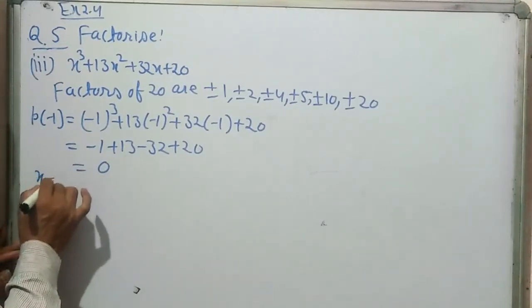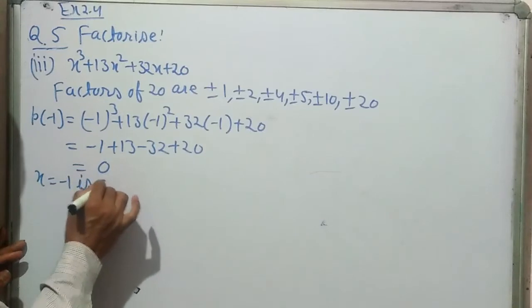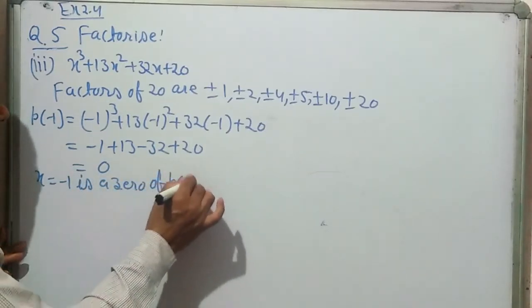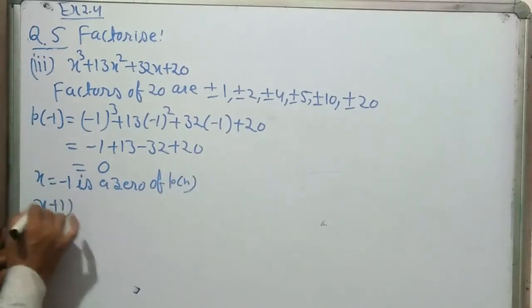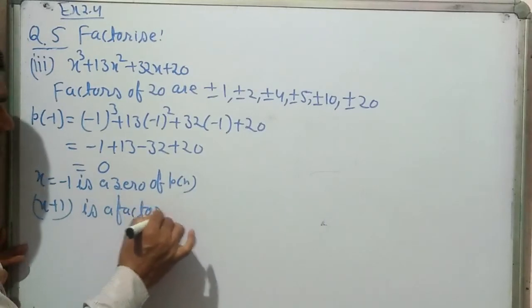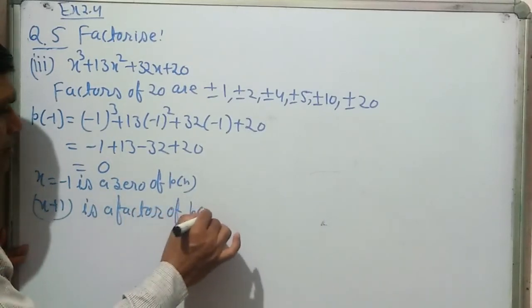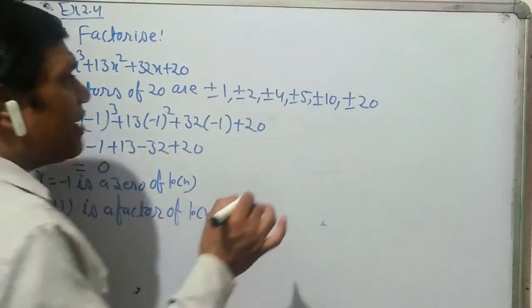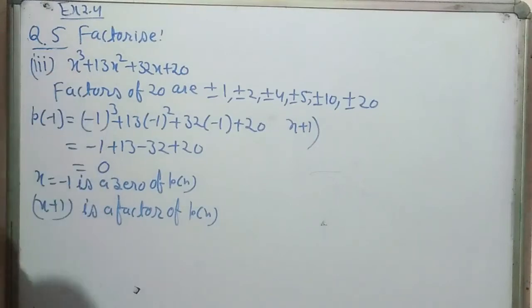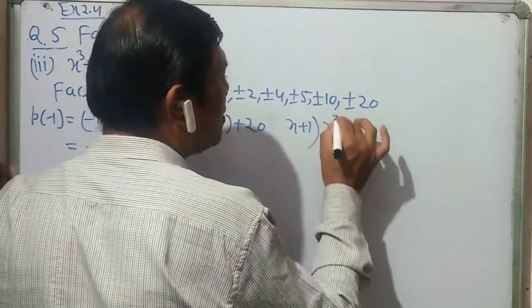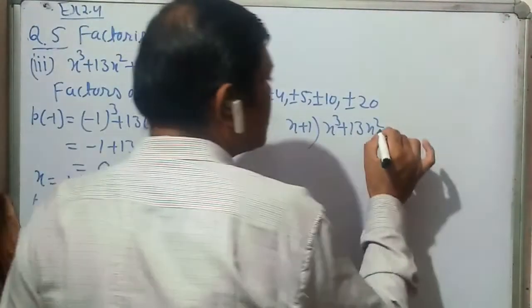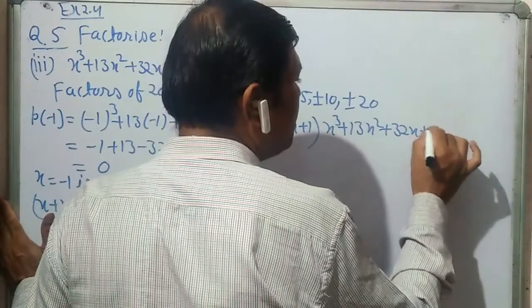That means x equals minus 1 is a 0 of p(x), or x plus 1 is a factor of p(x). So we'll divide with x plus 1. We have to divide x cube plus 13x square plus 32x plus 20.